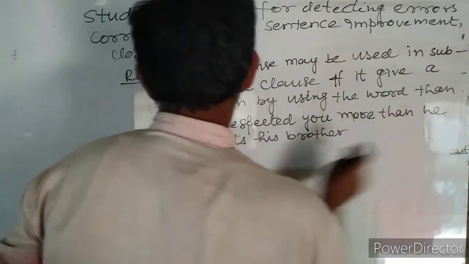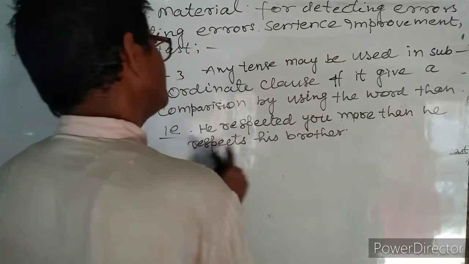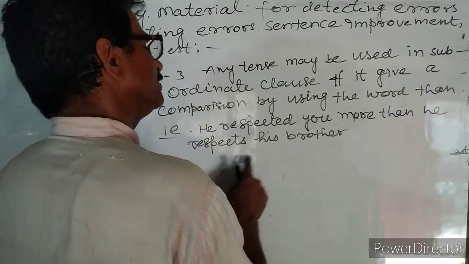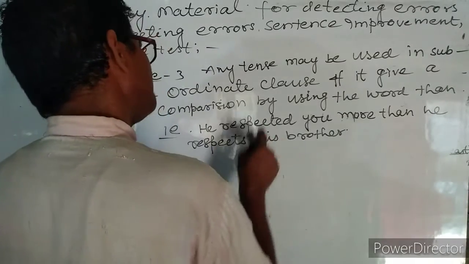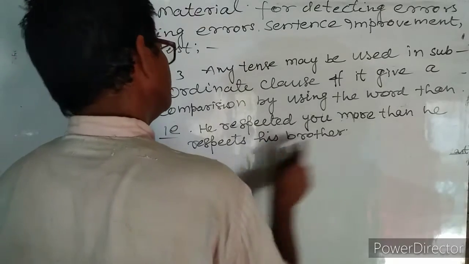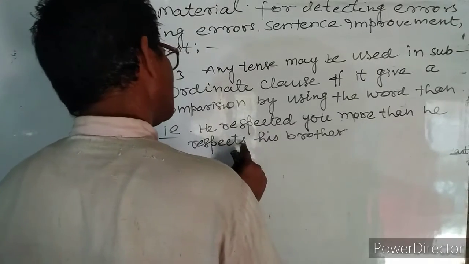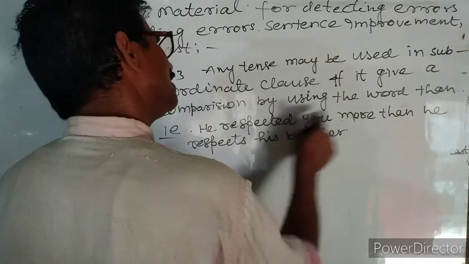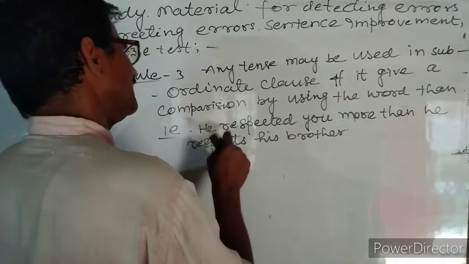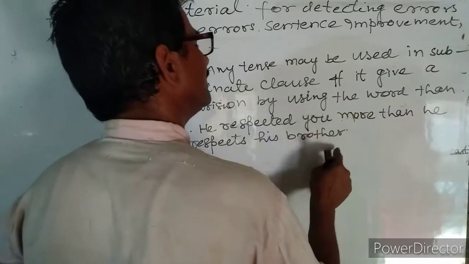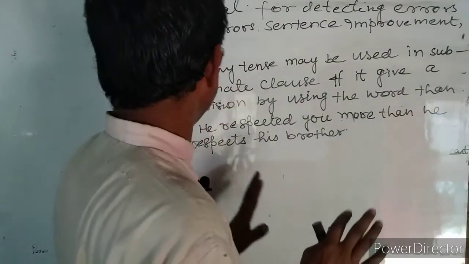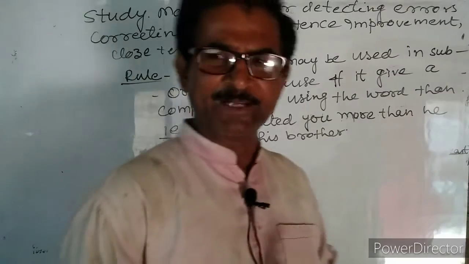So the condition of the subordinate clause, he respects his brother, is in present form. So it cannot be changed to past, because the subordinate clause is not followed by the principal clause, and the subordinate clause is in the present form. अब इसमें कोई चेंजिंग नहीं करेंगे, हम इसको जो है प्रेजेंट फॉर्म में ही लिखेंगे.